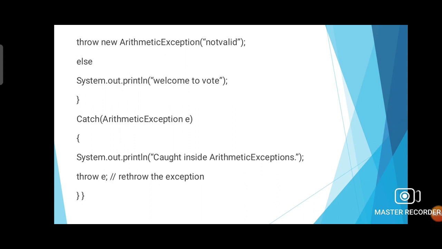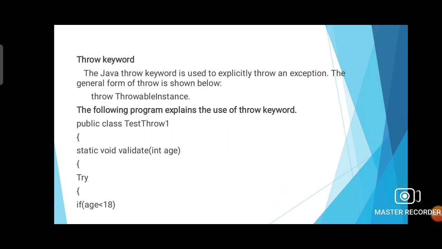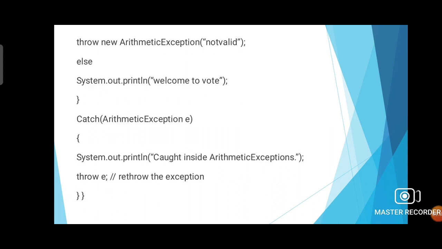That is, if the age is 18 or above, it is valid for voting. If the age is less than 18, the exception will be thrown, and it will produce the message not valid. And if the age is above 18, we will get the message welcome to vote.